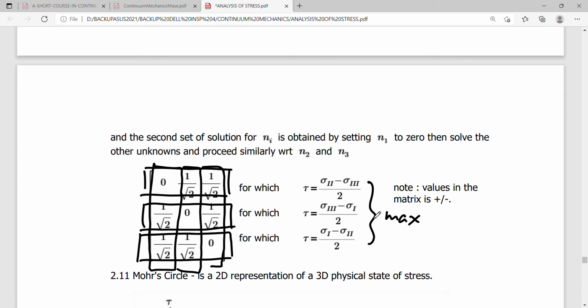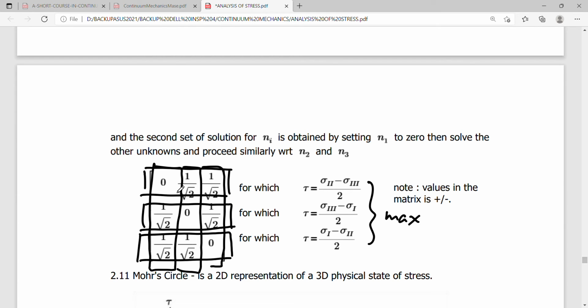So these three equations will further be derived in the next presentation. And note that the values inside this matrix are a combination of positive and negative values. No? So we don't restrict to only positive values here.